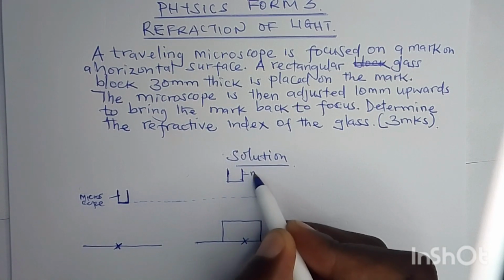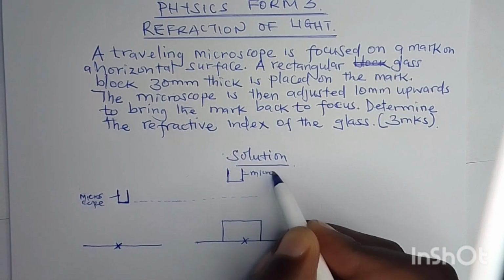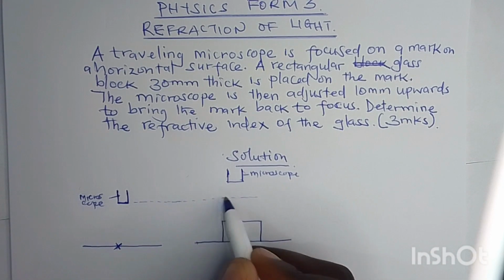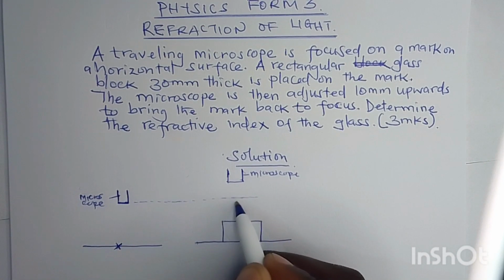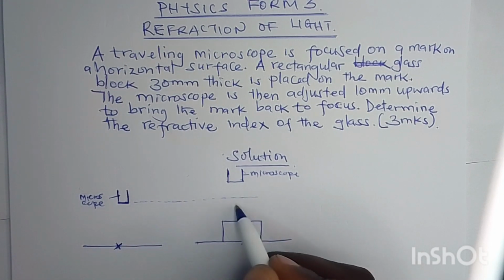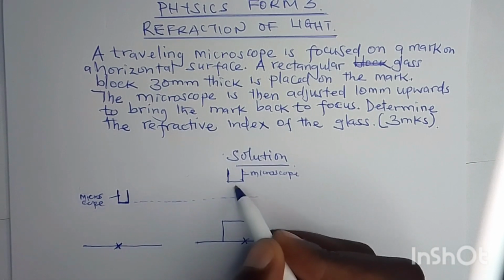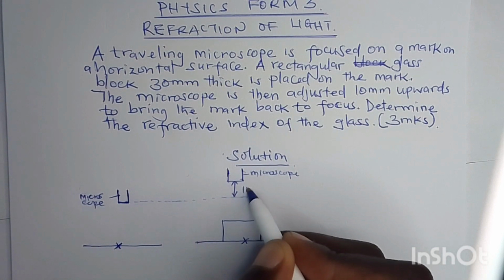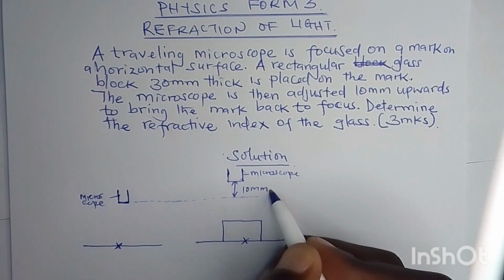This is still our microscope. This was the original distance from the mark on the ground, but because of this block, the microscope had to be raised up a distance equivalent to 10 millimeters.